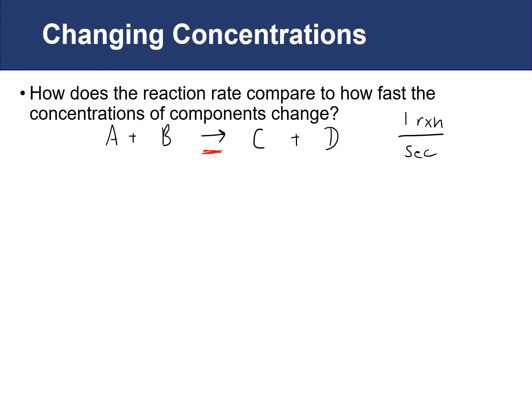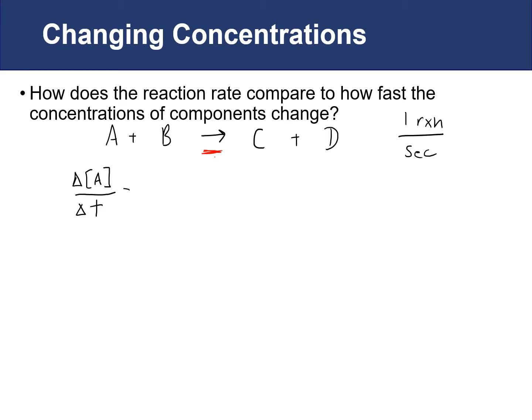So what we'll find is that our concentration of A, in terms of how fast this is occurring, is going to be going down, because each time the reaction occurs, we're using up some of our reactant. So the change in concentration of A with a changing time is going to be equal to how fast our B is changing.